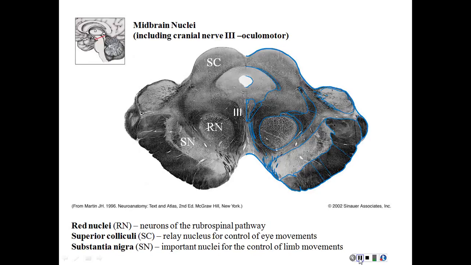So, how about cranial nerves? Well, look, there's an all-important one right there, oculomotor, 1, 2, 3. 3 is right there. And look at its positioning. It could not be closer to the midline, right?